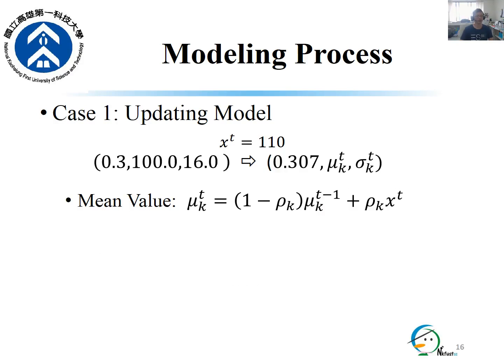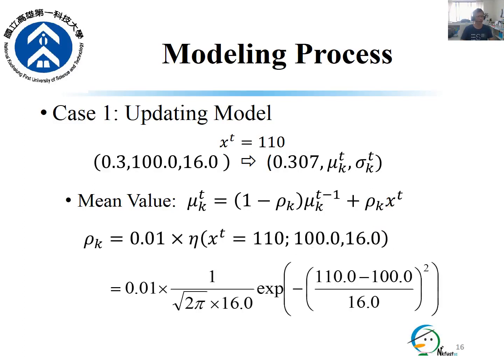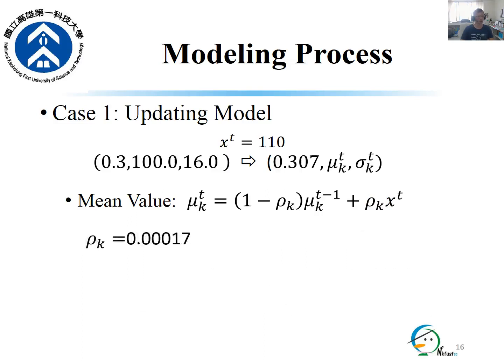For the mean value, it is updated as in this equation, where rho k is the learning rate times the fitness of xt to the matched Gaussian distribution. In this example, rho k can be derived through this equation, and is equal to 0.00017.